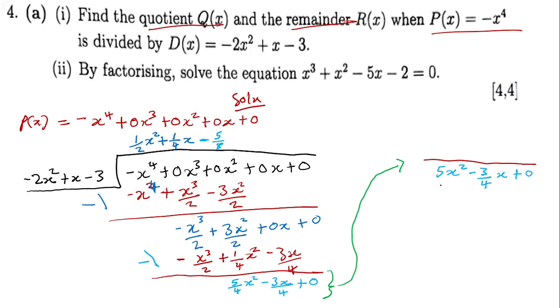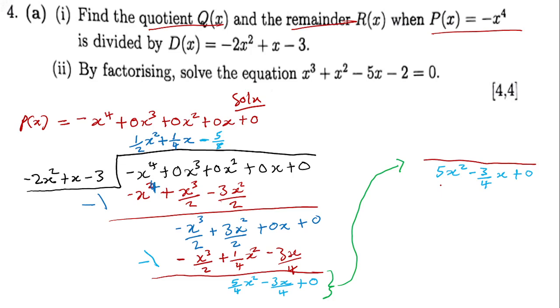Then this guy times that guy is going to give you something like positive 15 over 8. So that's what you have there.